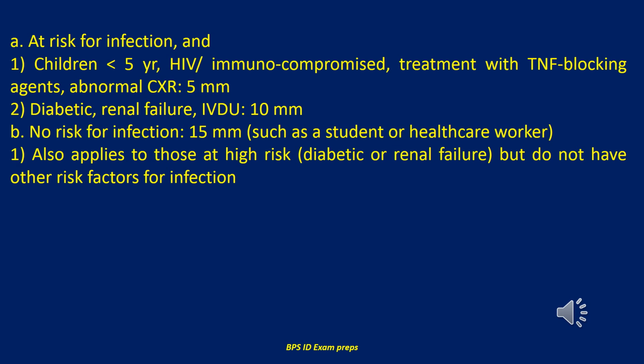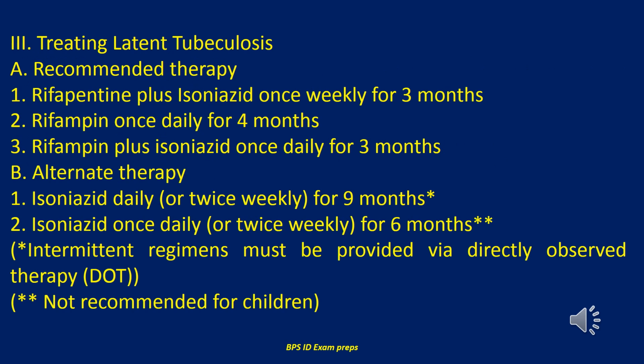Let's now consider treating latent tuberculosis. A. The recommended therapy is: 1. Rifapentine plus isoniazid once weekly for 3 months. 2. Rifampin once daily for 4 months. 3. Rifampin plus isoniazid once daily for 3 months. Examples of alternate therapy are: 1.